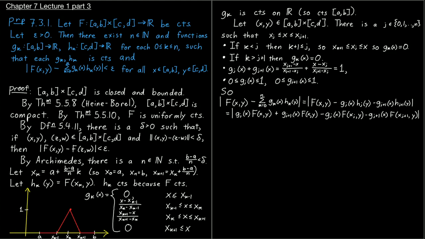Now we're going to use the triangle inequality and the fact that g_{j+1} is not negative.